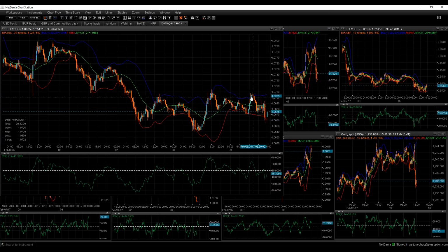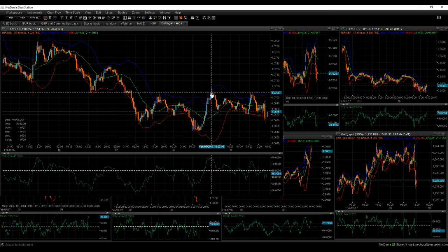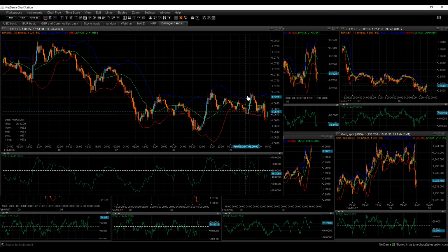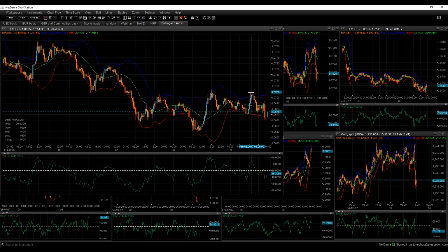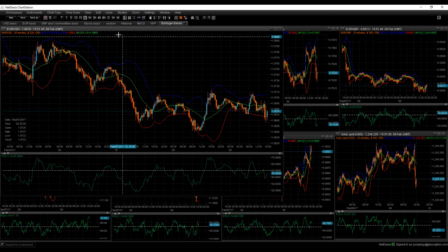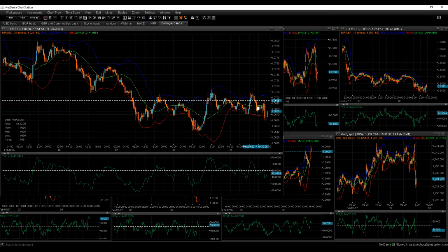Basically, not right now, but we do see that the first time it hit the Bollinger Band was here, and then the second time it hit the Bollinger Band was in the same area of price. So this would be a good chance to catch a reversal if we were there. And we would use the rule of ocho for this one. We would multiply our 30 minutes times 8, making it a 4-hour trade.